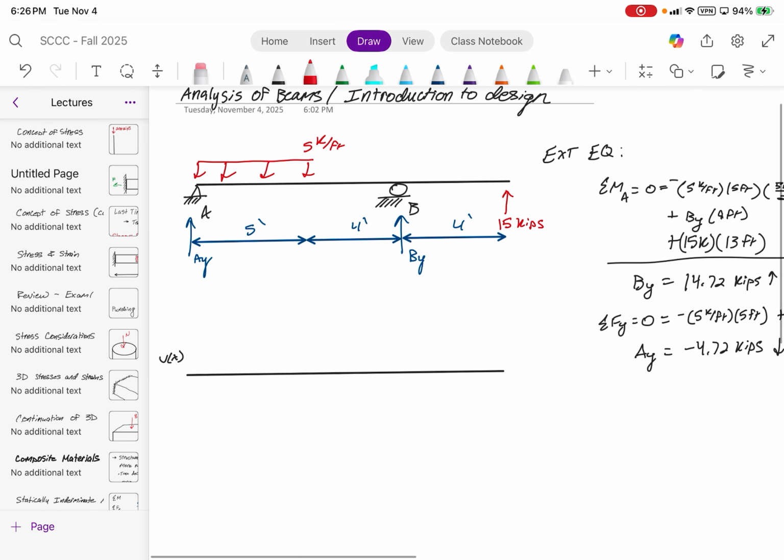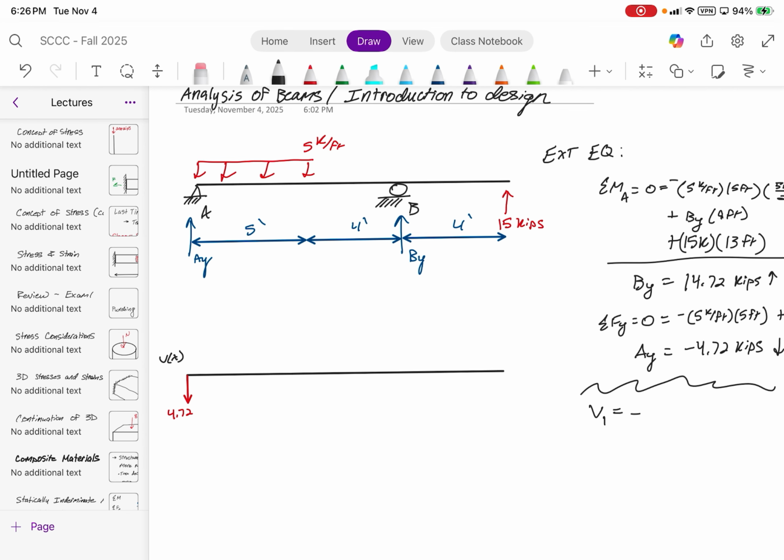So now we go straight to our shear force diagram. We learned previously last week, just follow tip to tail. So our first force is going to be the 4.72 kips. We determined is going downwards. So bring that down 4.72. From here, we need to compute the next shear point. Let's call it V1.